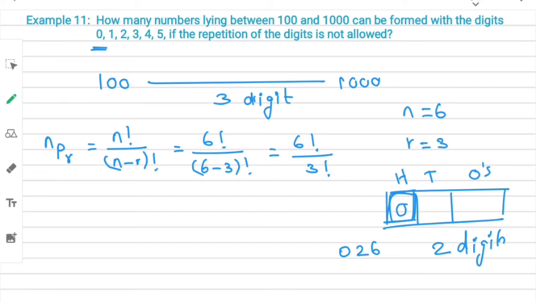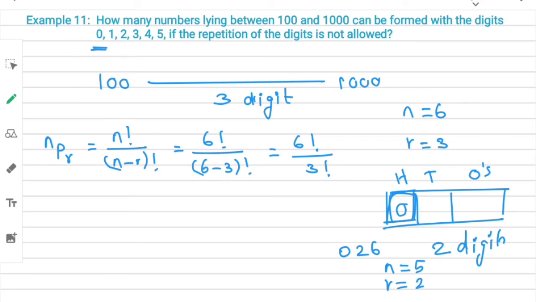That is 6 factorial by 3 factorial. For that, first find how many 2-digit numbers can be formed like this. For that, in n, 0 is removed. Therefore, n is equal to 5. And how many digits are we going to form? 2 digits. That is, r is equal to 2.